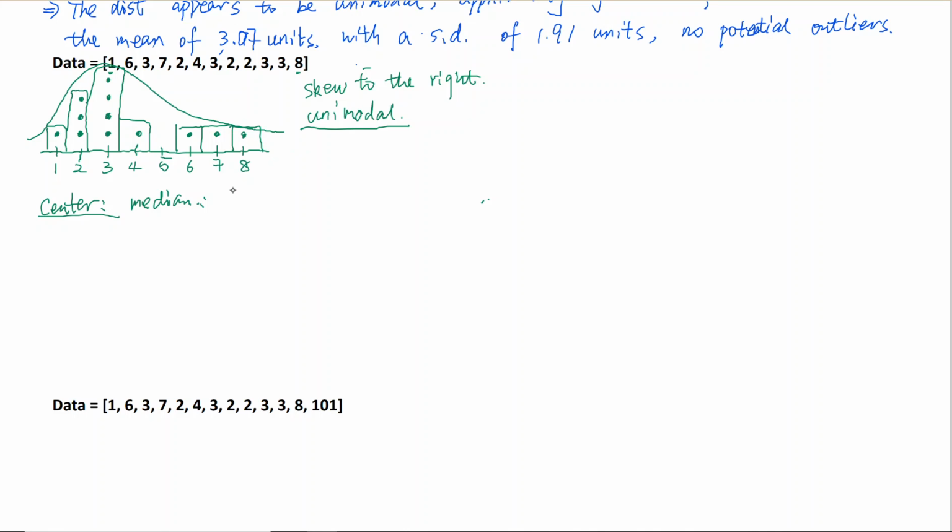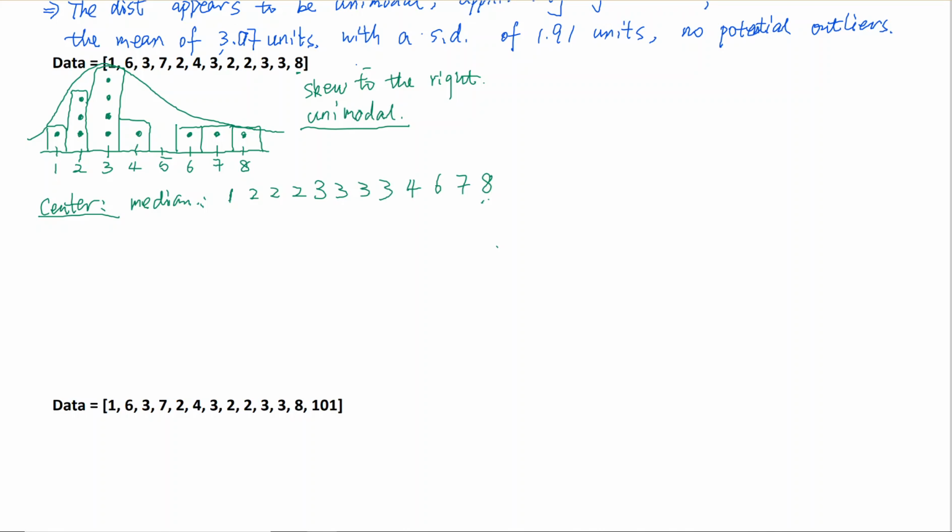Right, so you have 1 one, you have 3 twos, and I'm not sure whether this is a dot or not. 1, 2, 3, 4. So you have 4 threes. So this is not a dot. Right, so we have 4 threes, 1 four, 1 six, 1 seven, 1 eight.